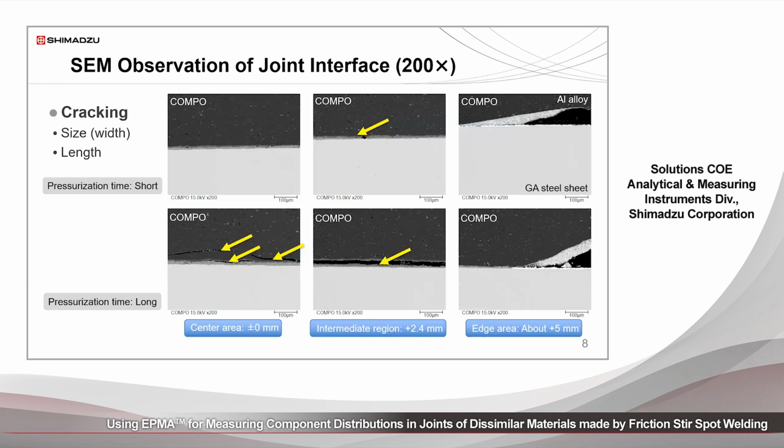Some qualitative observations: for the short pressurization time, there is less cracking compared to the long pressurization time. In addition, the IMC layer itself is thinner for the short duration time versus the long duration time.